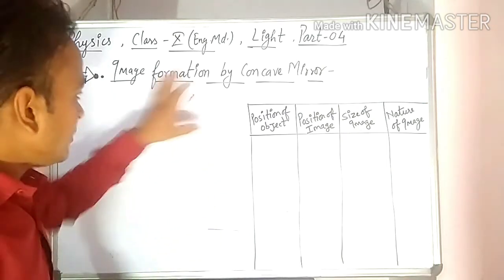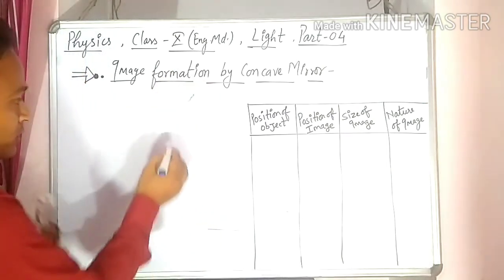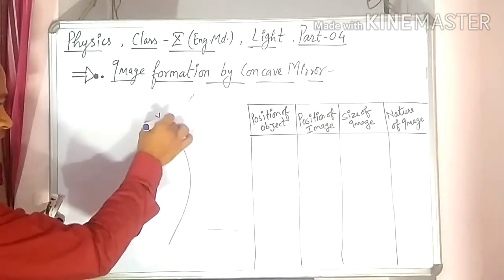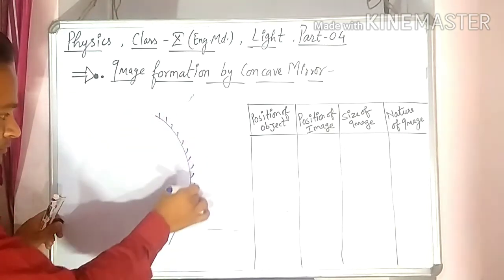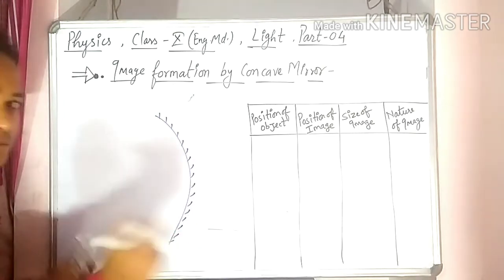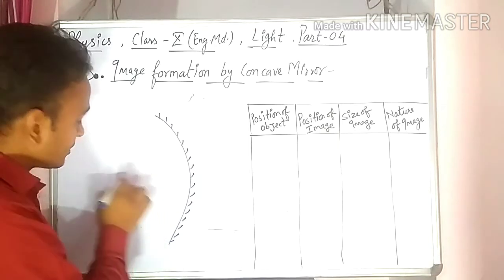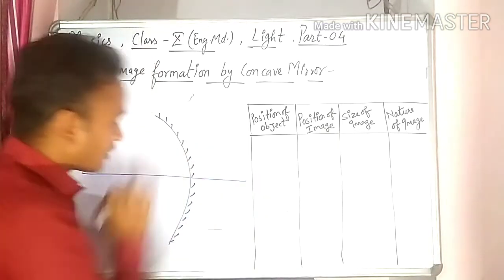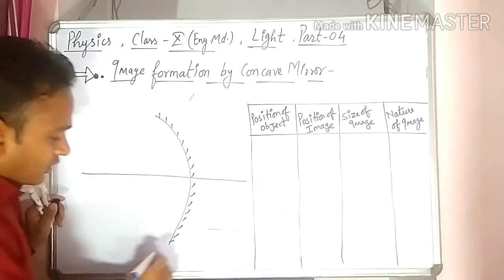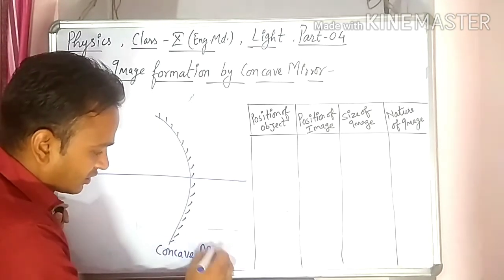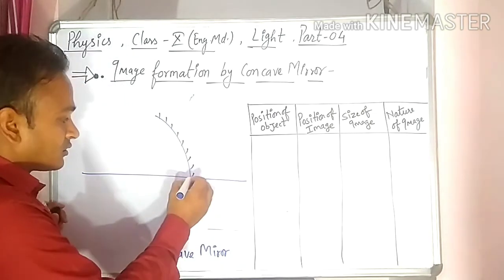In image formation by concave mirror, first of all you have to draw a concave mirror. A concave mirror is the mirror which outside is polished and inside curved. What is a concave mirror?